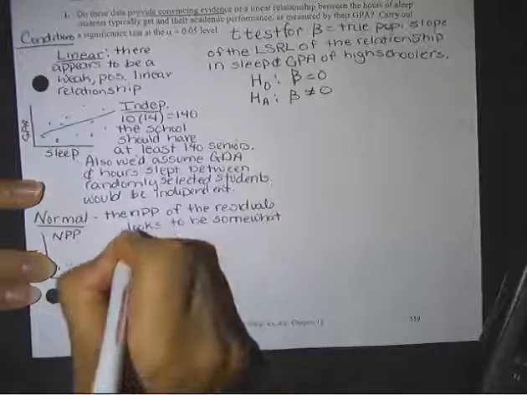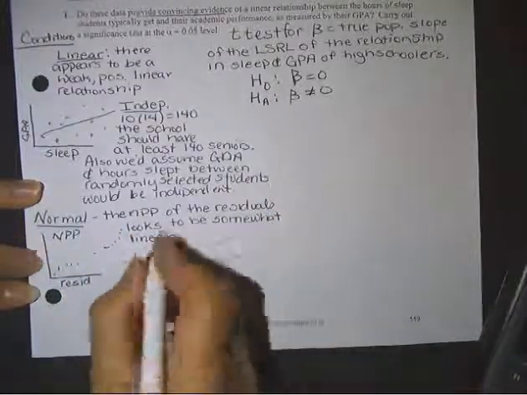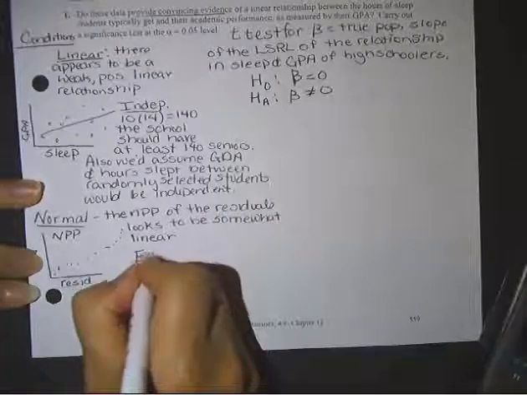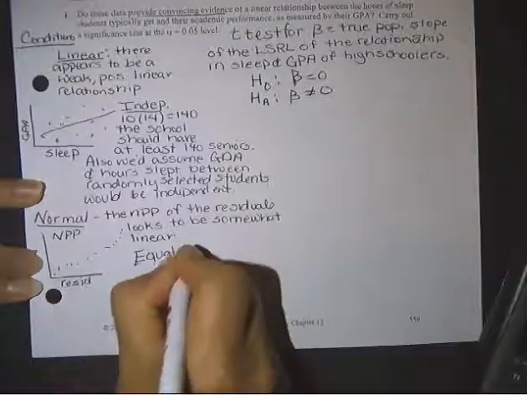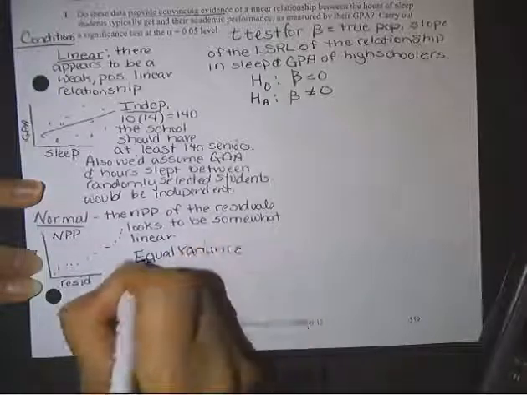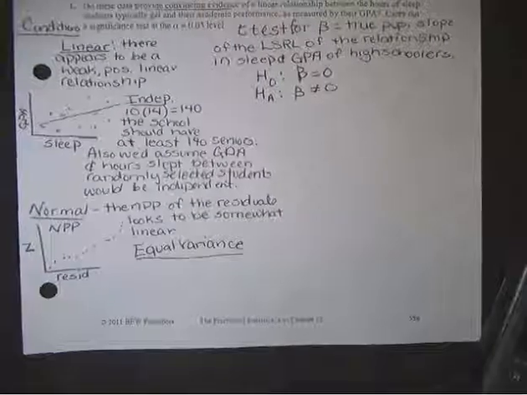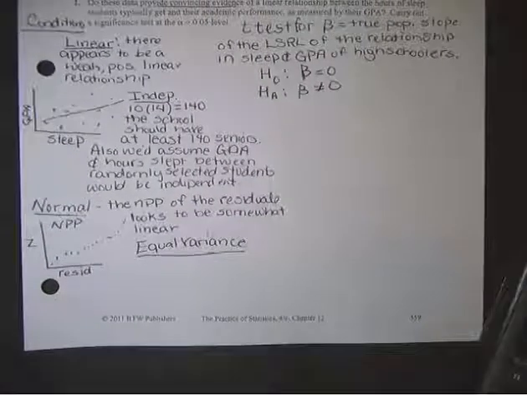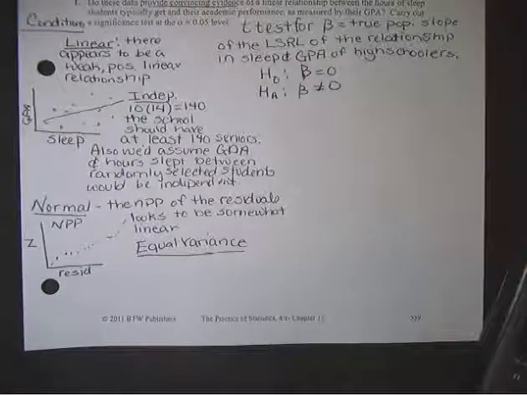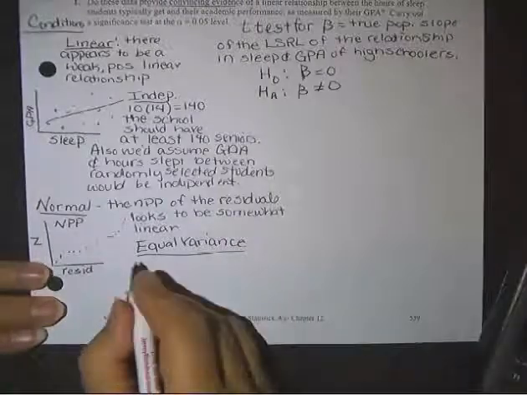Okay, last two. E is for equal variance, meaning for any given x, the variance, the spread across those y values is the same throughout the population. So the only way we can test this is to look at our residual plot, and so we're going to have another graph.